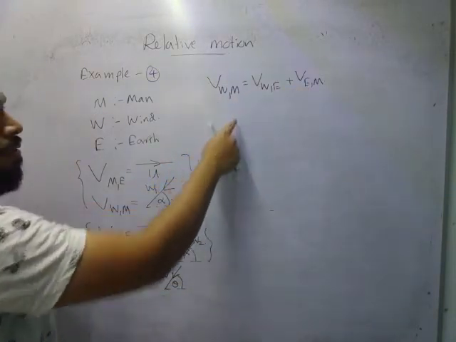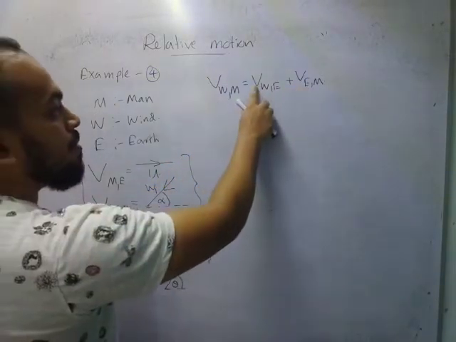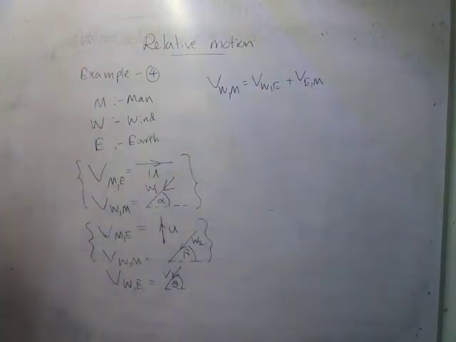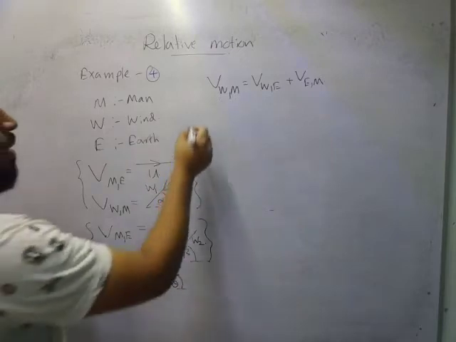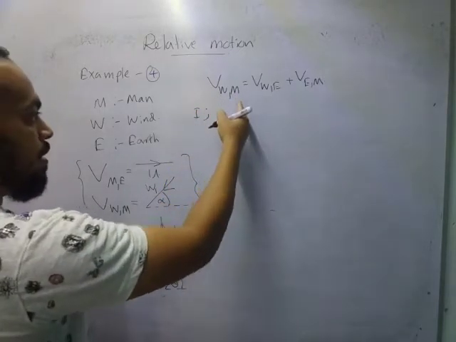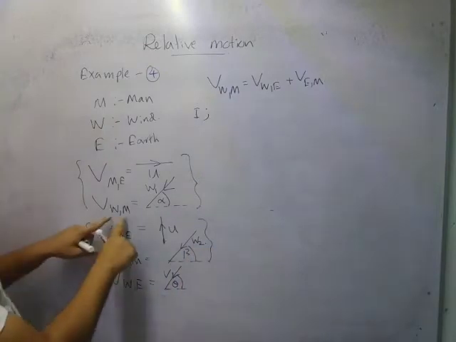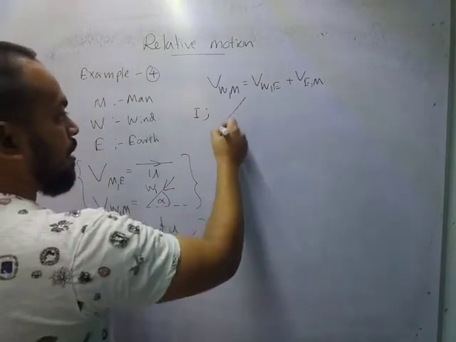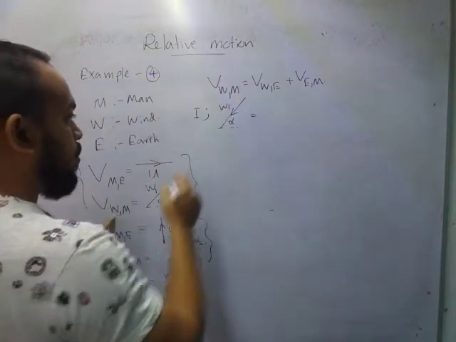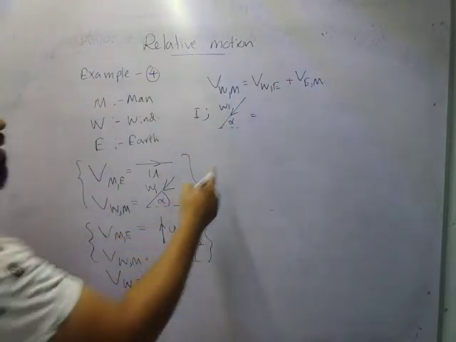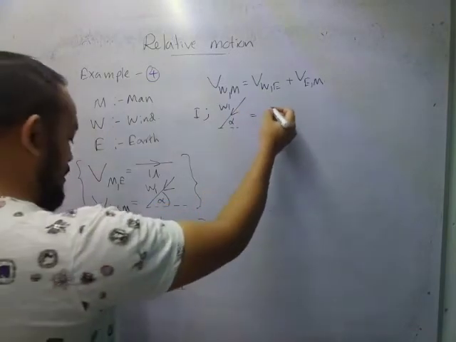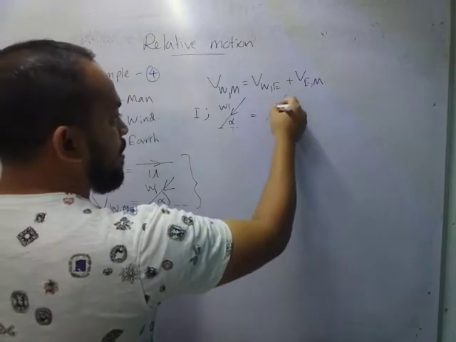Velocity of wind relative to man is equal to velocity of wind relative to earth plus velocity of earth relative to man. Right? For case 1, the velocity of wind relative to man is in this direction, W1, alpha. Velocity of wind relative to earth, true direction, is theta.